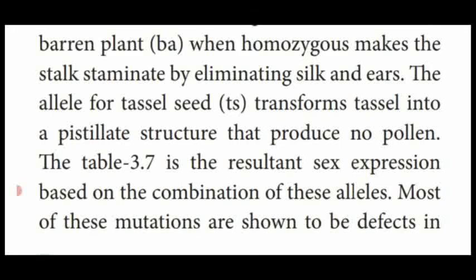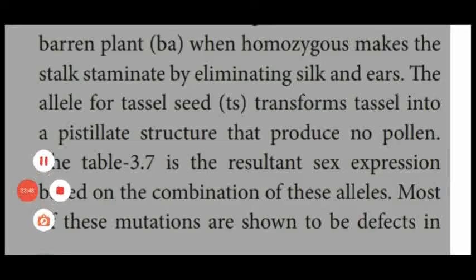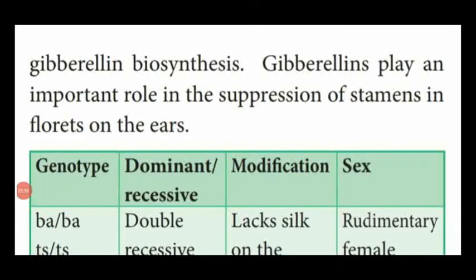So this all takes place due to mutation. What is mutation? A sudden change occurring in the defective gene of the male inflorescence and the female inflorescence. How does this take place? By adding the substitution of the gene, that is BA barren, in the male inflorescence which produces the female florets, avoiding tassel florets.